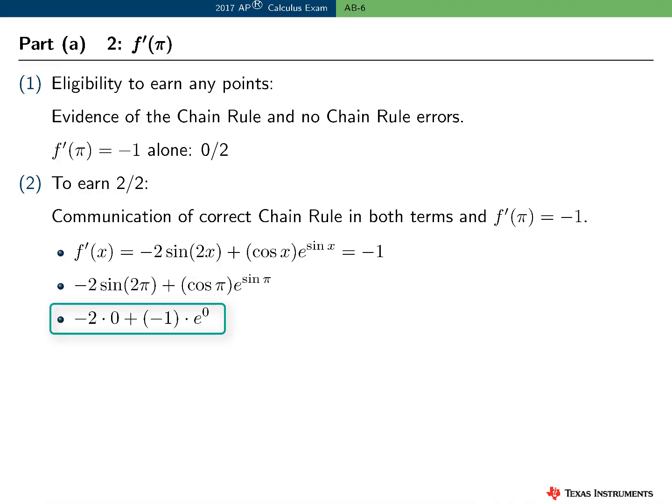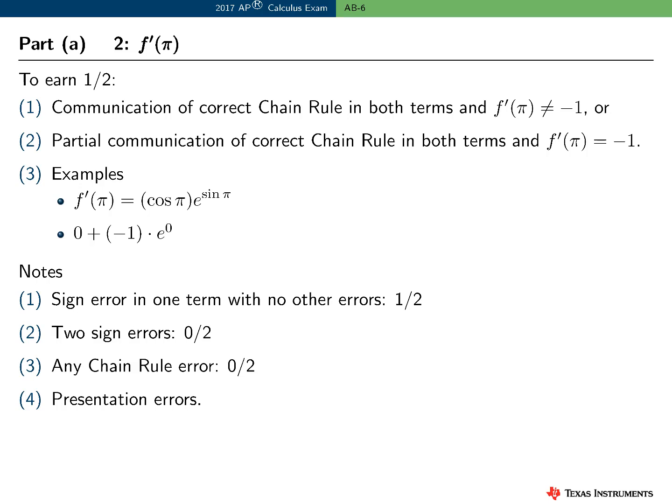In the third example, the student has gone a little bit farther. It's still a final numerical answer, and it doesn't need to be simplified, so the student would also receive 2 points. This is certainly minimal communication of the correct chain rule in both terms, and it's the correct answer for f prime of pi.